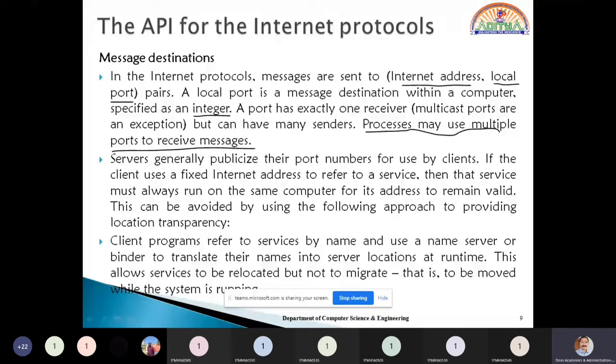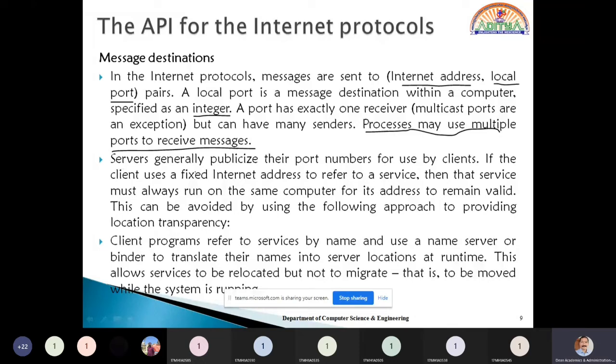Normally, you may not know these port numbers individually, especially the server ports. Servers normally won't specify the port numbers of their server computer, and as a client you may not know those port numbers.